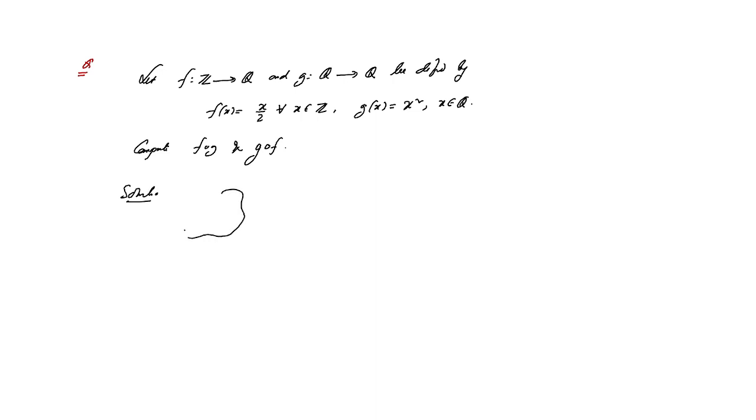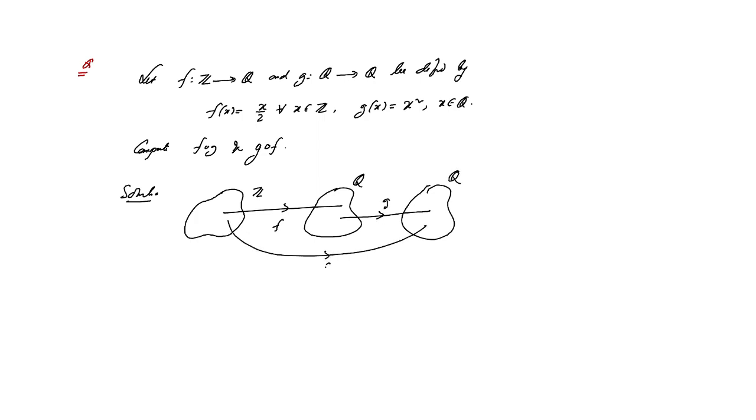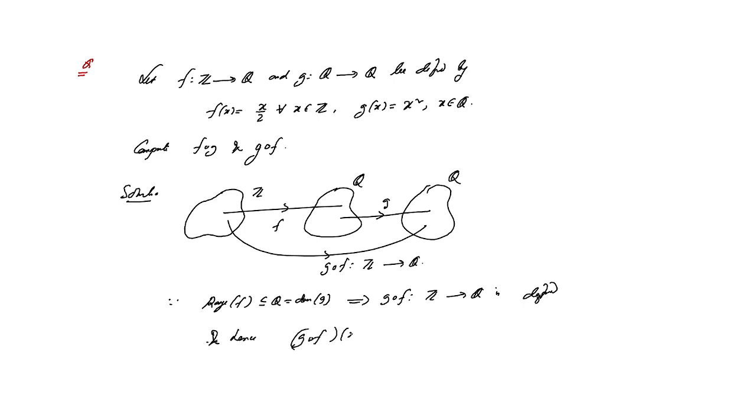So we have the solution. Z to Q, here your map is F, and Q to Q, your map is G. Now we need to define G composed F, that will be Z to Q. Since the range of F is a subset of Q, which is the domain of G, G composed F from Z to Q is defined. Hence, what is G composed F of x?